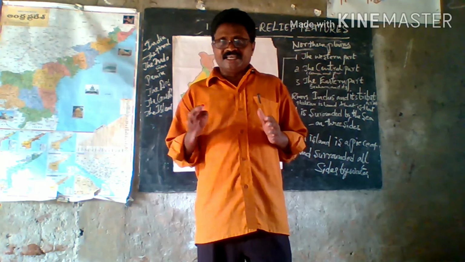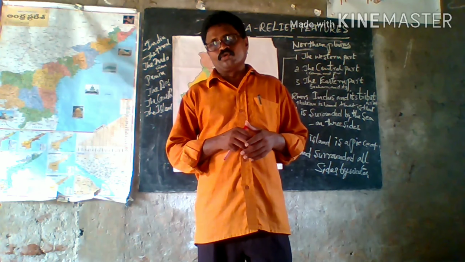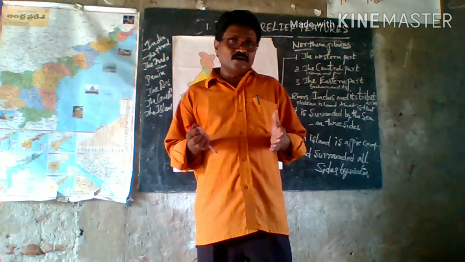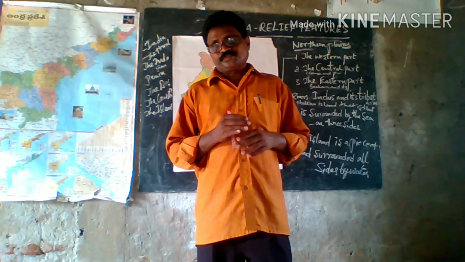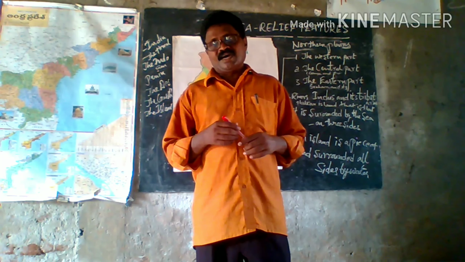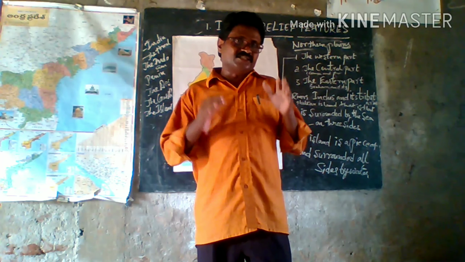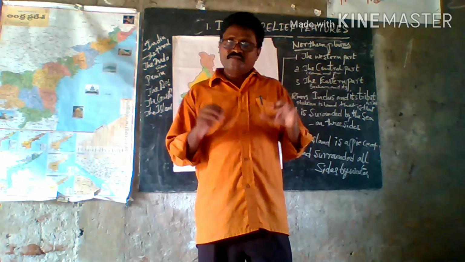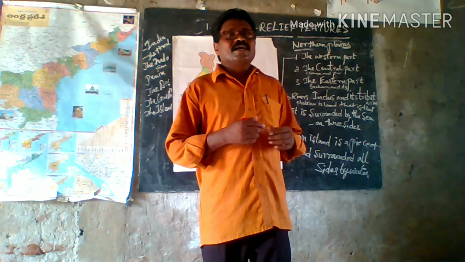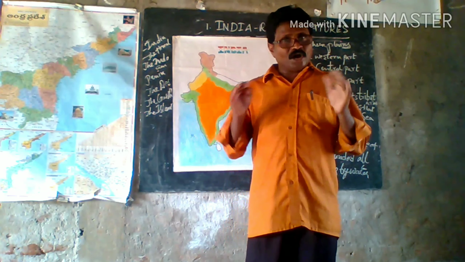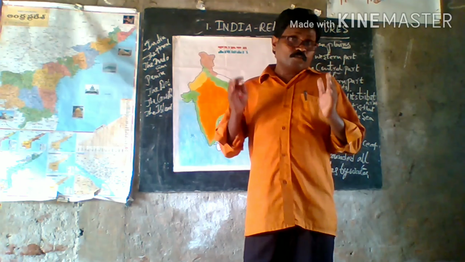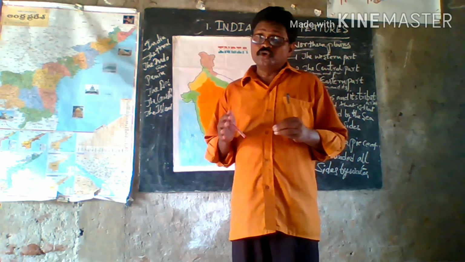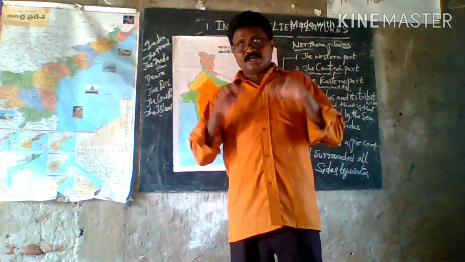Crops grow well in this region, most people live in this region, and important cities are well developed here. That's why it is a very important region of our country. The northern plains are one of the important regions in our country.